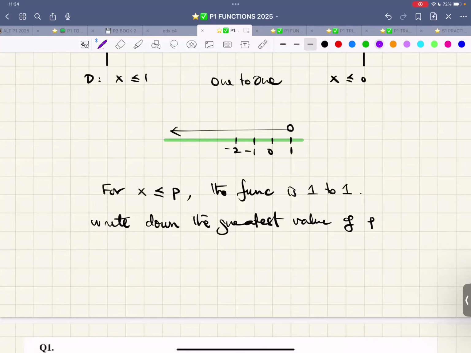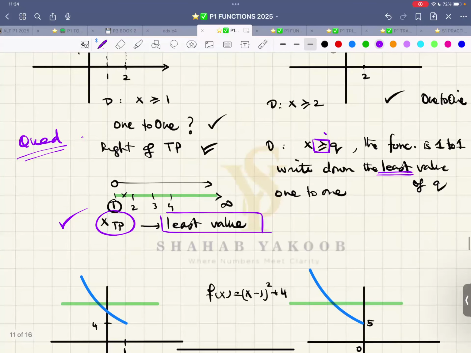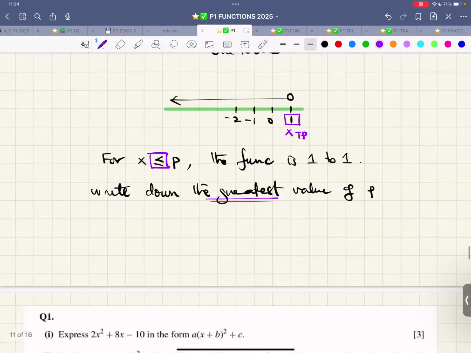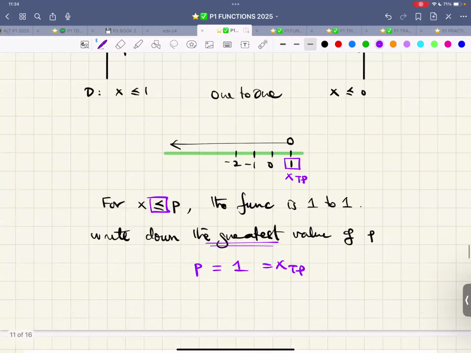The inequality is lesser than or equal, they will ask for the greatest value. The inequality is greater than or equal, they will ask for the least value. Now, out of all these, the x coordinate of the turning point is the greatest value because all the other values are lesser than this. So therefore, the value of p is 1, that is the x coordinate of the turning point.